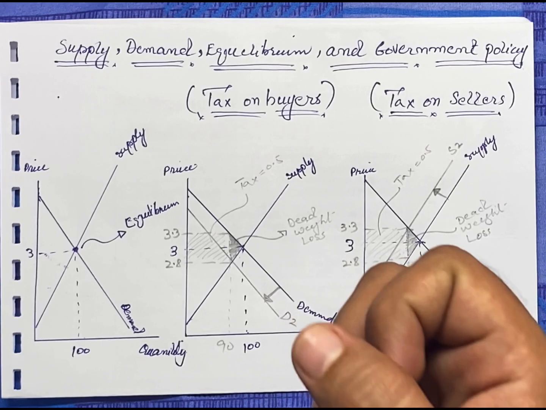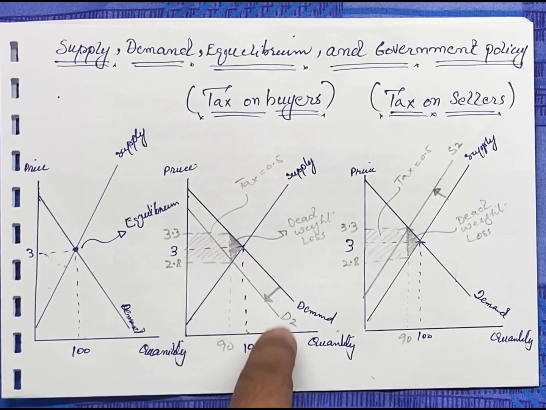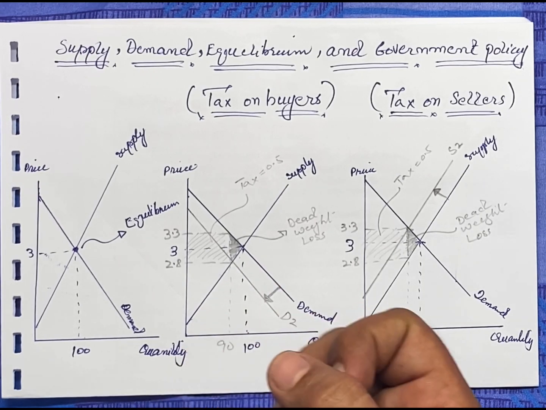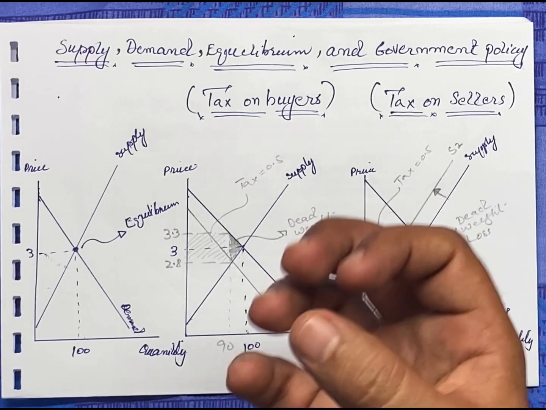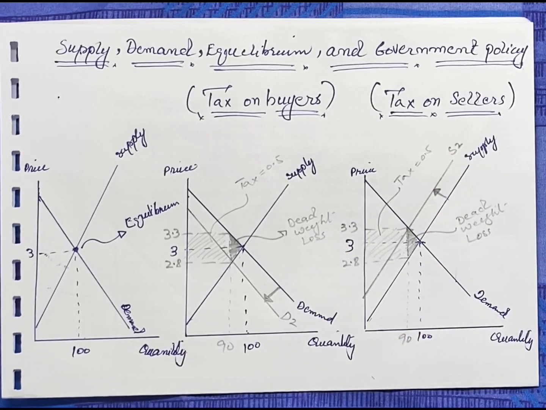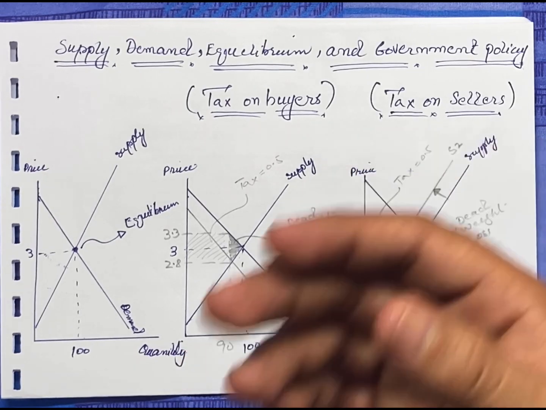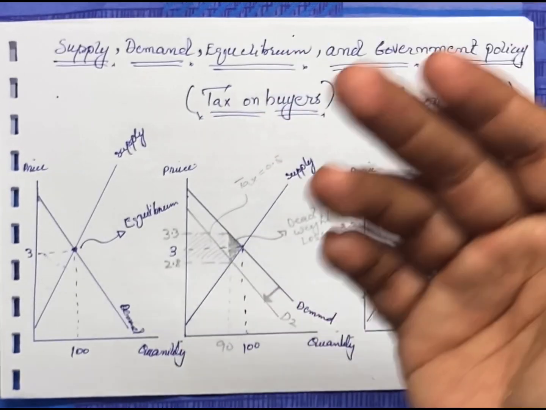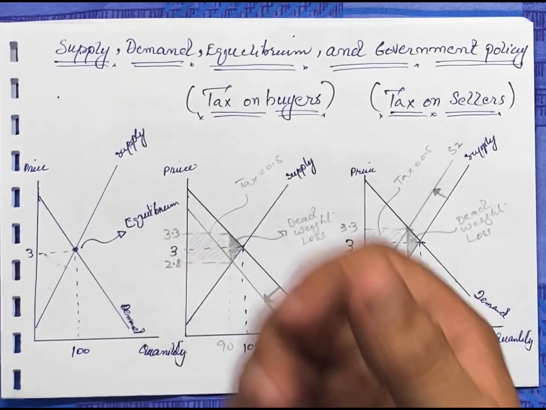How? Before that, the total quantity sold was 100. Now it is 90, meaning that this difference of 10 is neither sold nor purchased, excluded from the market, because with the higher price, buyers were not interested in purchasing.